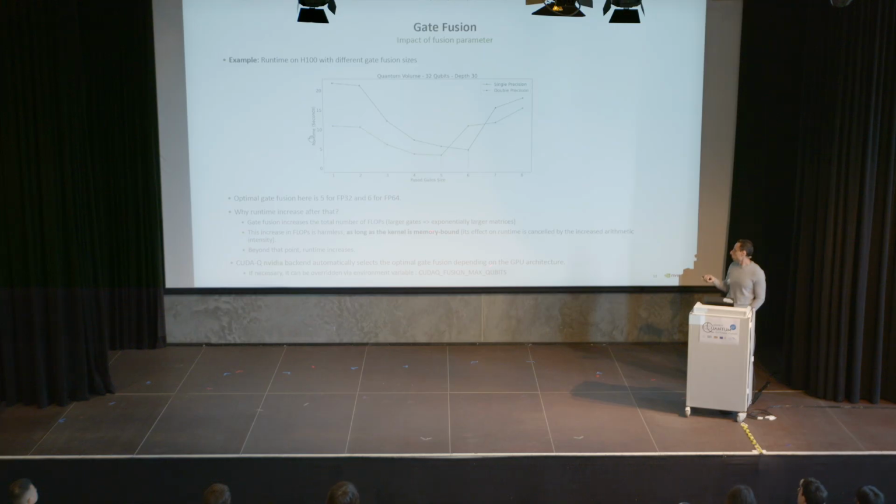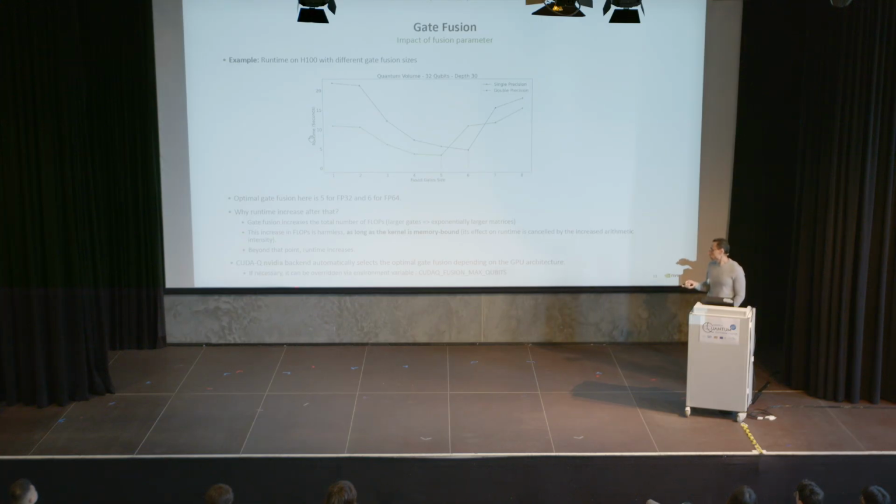When it was a memory-bound computation, this increase in flops is exactly canceled by the increase in its arithmetic intensity. But beyond that point, we will see an increase in the runtime. Therefore, the gate fusion parameter depends on the characteristics of the hardware, most importantly on the memory bandwidth and the maximum flops of the GPU.